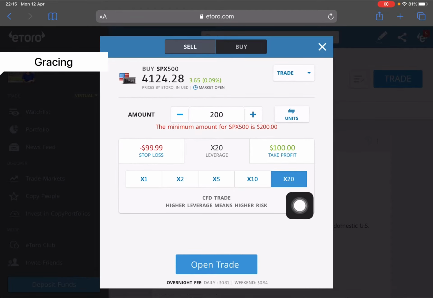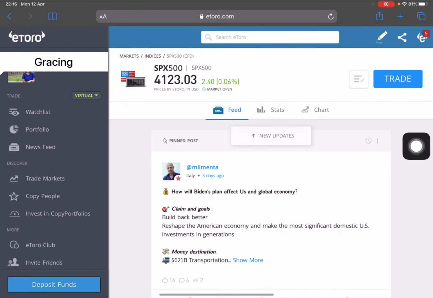Now guys, index requires a 200 minimum. The Forex requires only a 50 minimum, but this index and all other indices require 200. Remember this. All right, open trade.